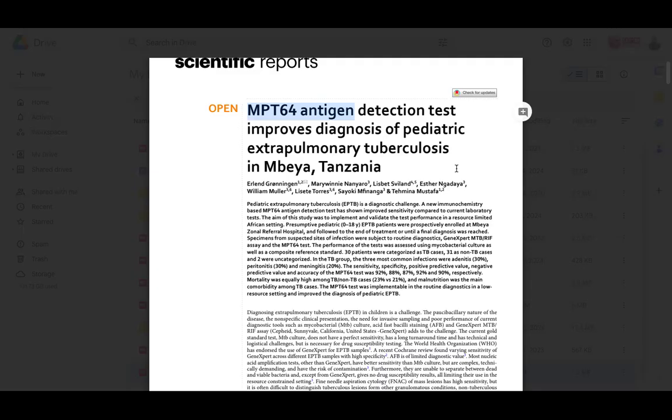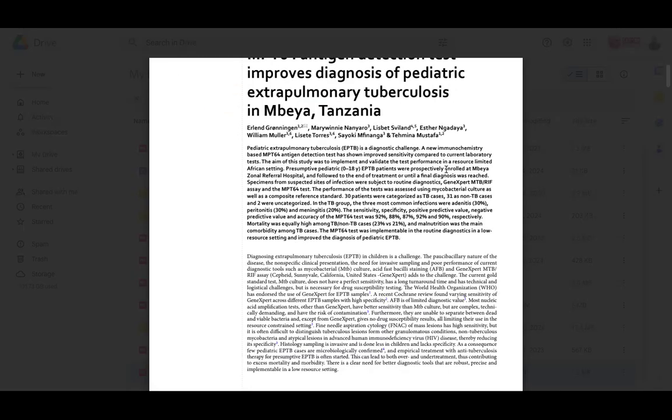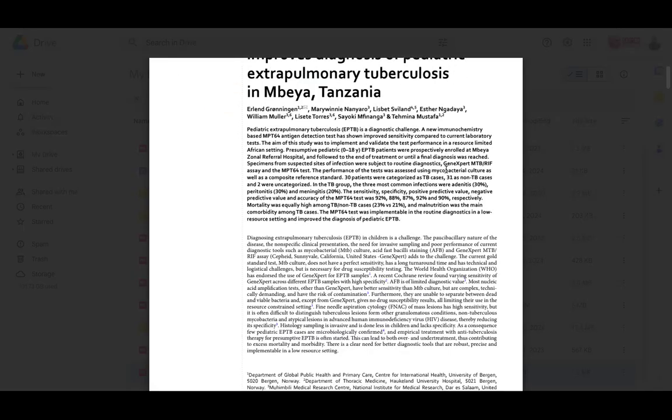Pulmonary tuberculosis is related to the lung, but extrapulmonary can be related to certain parts, bones, central nervous system. So these are the tests they are trying to look at. From the test, there are certain criteria they are looking at. So just have a look.